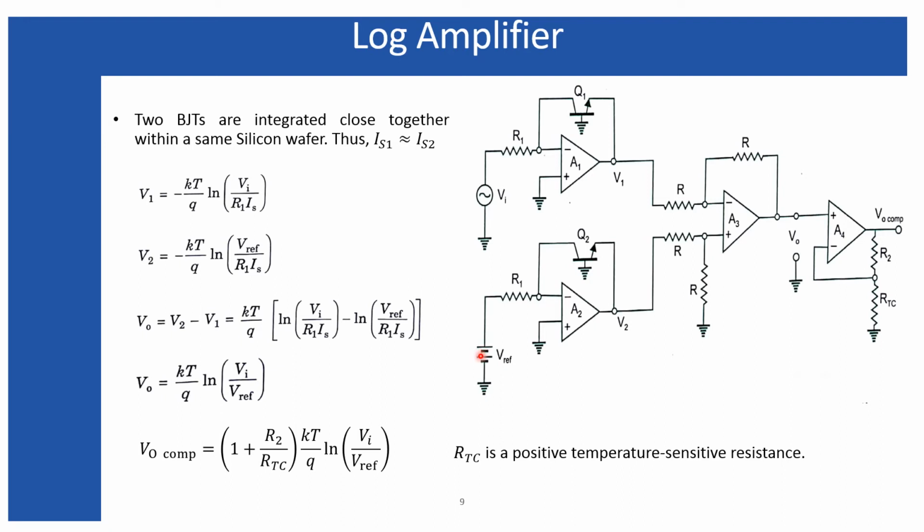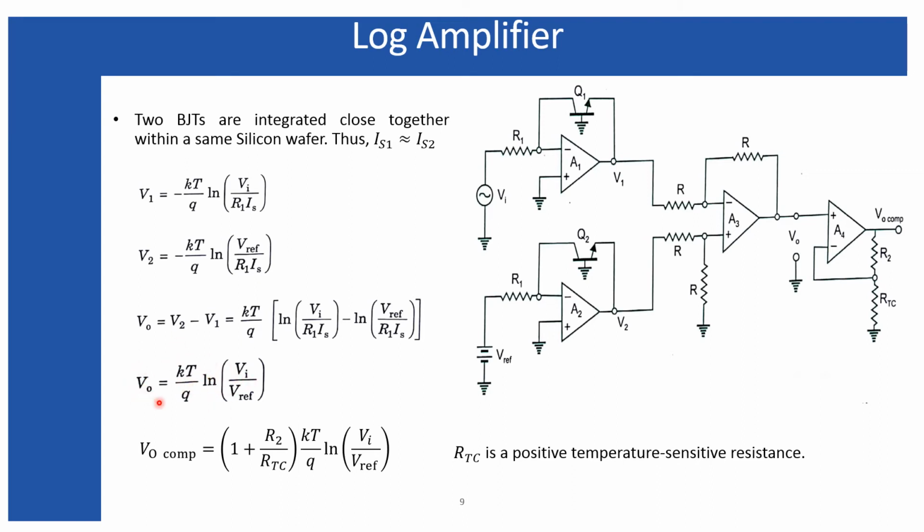Now you have direct control on the V reference, which appears in the denominator of this expression for V naught. Still we have this kT by Q, or the Vt thermal voltage as we call it, in this expression. So this expression still depends upon the temperature.